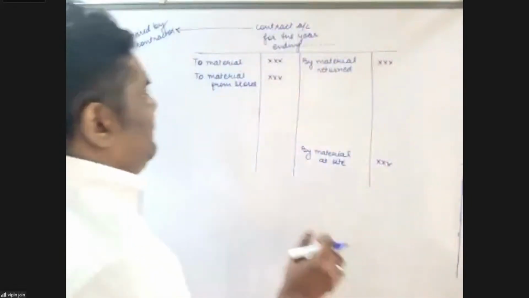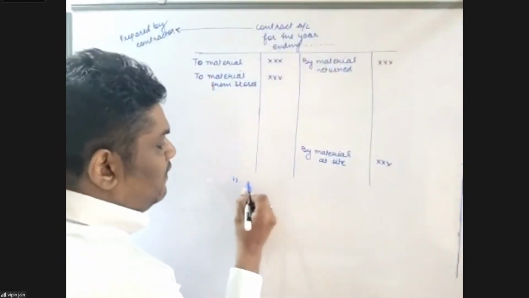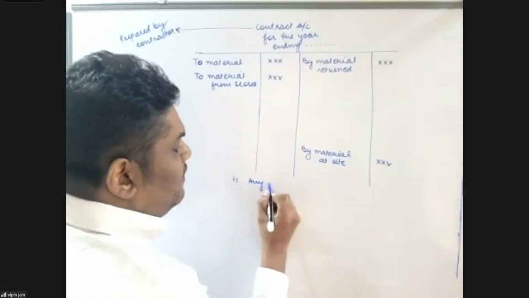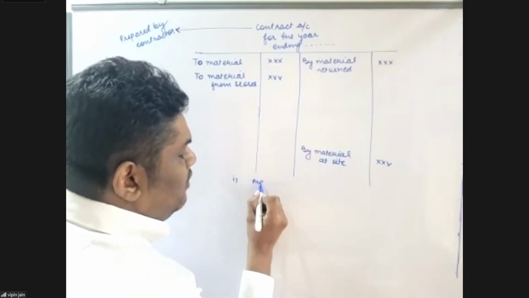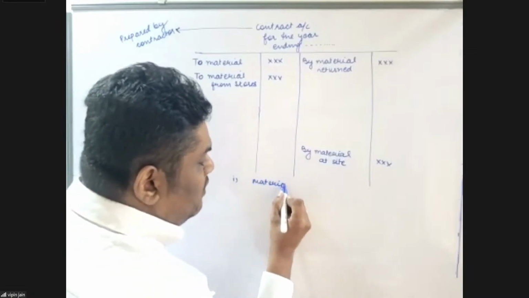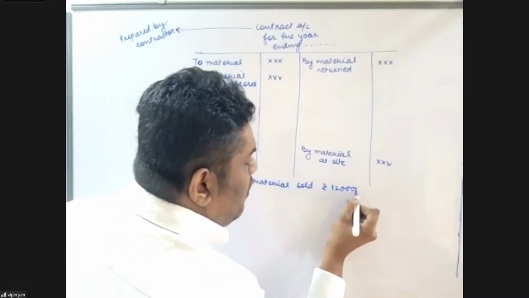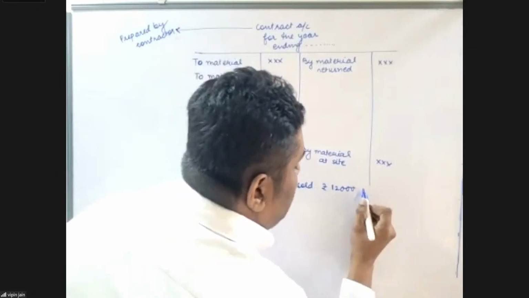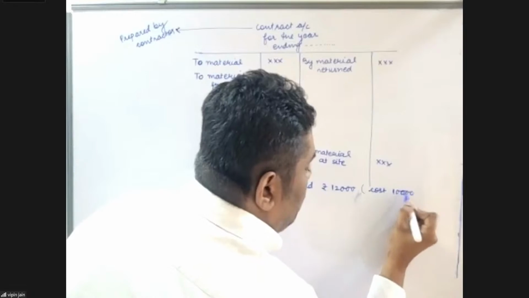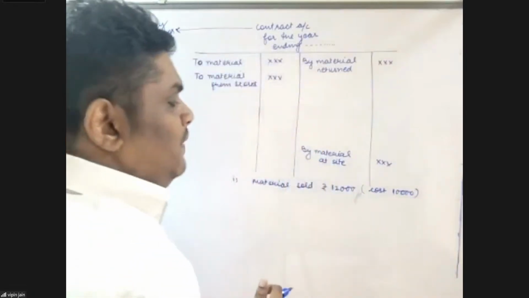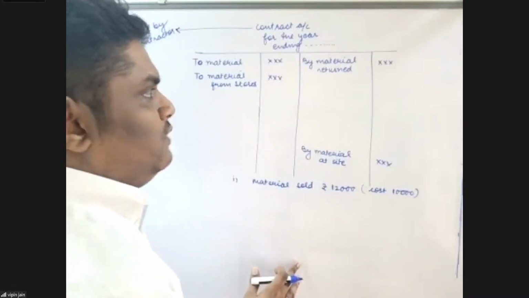So let's say it is given in the question that material sold rupees 12,000 and the cost is, let's say, 10,000. Material sold rupees 12,000 and the cost of that material is 10,000.